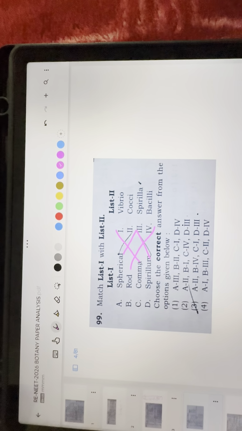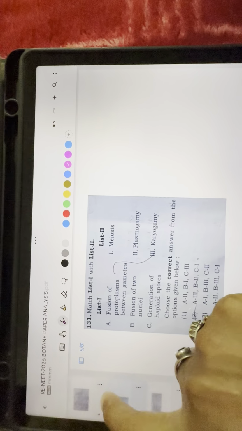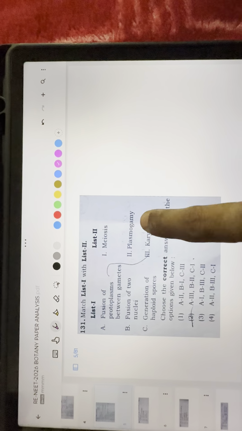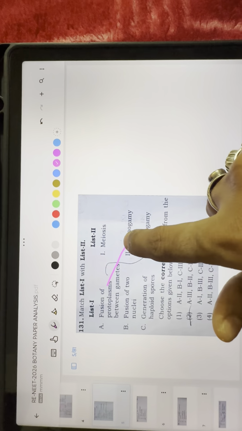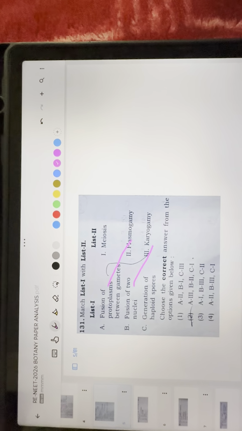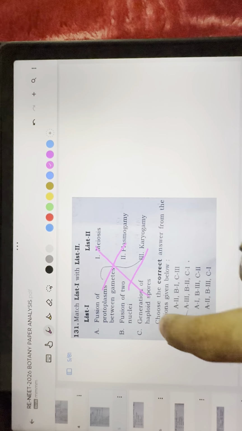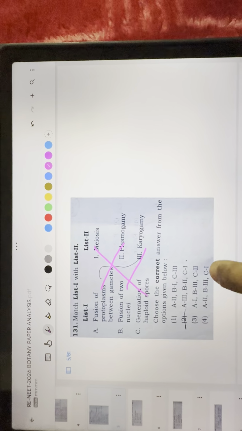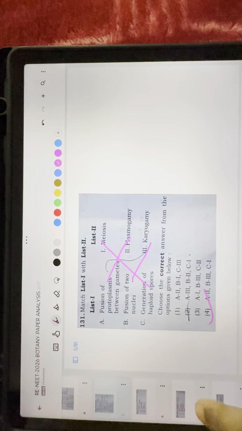So it is the third answer. Next question: fusion of protoplasm is called plasmogamy. Fusion of two nuclei is called karyogamy. Generation of haplospores is meiosis. It becomes 2, 3, 1. So here the answer will be the fourth.